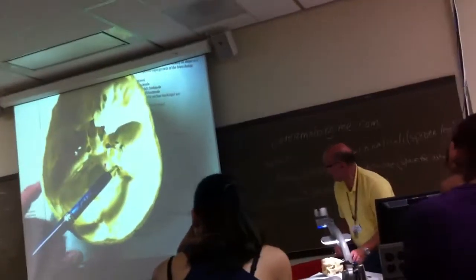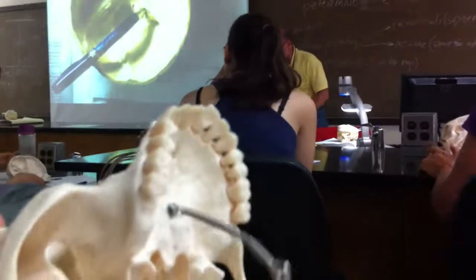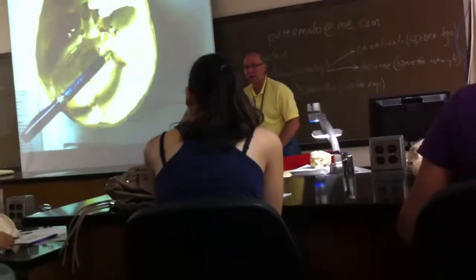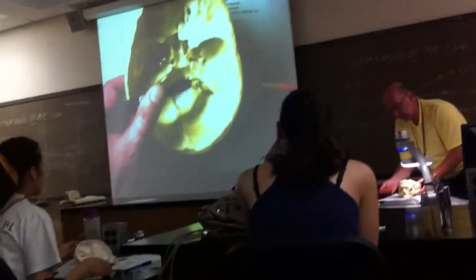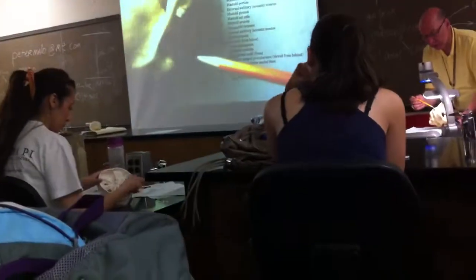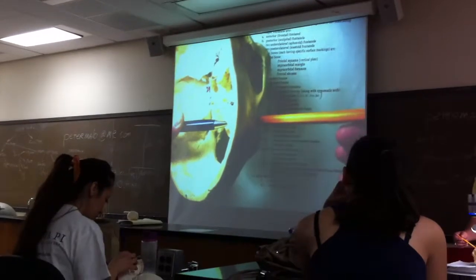If I have the pen in the internal auditory meatus, and then I take another one, a pencil, and put it in the external auditory meatus, look what happens. The two of them are in a straight line.